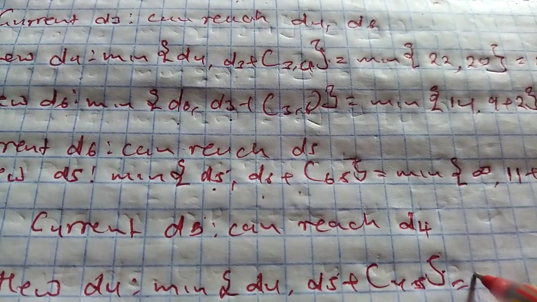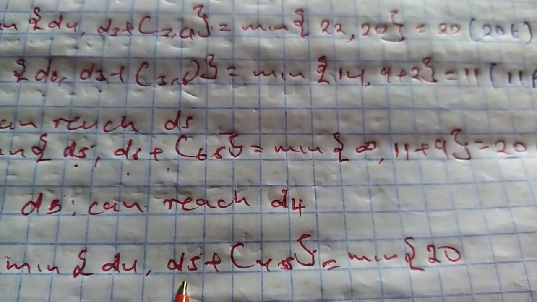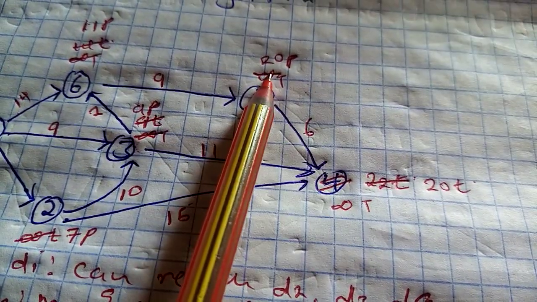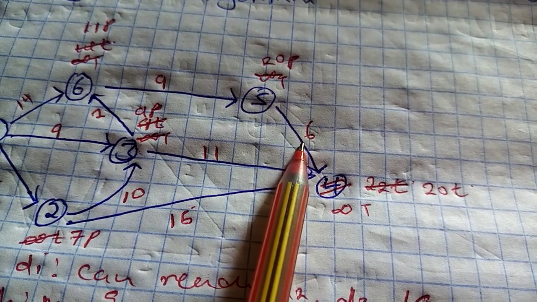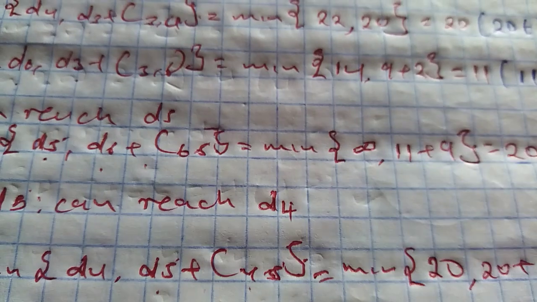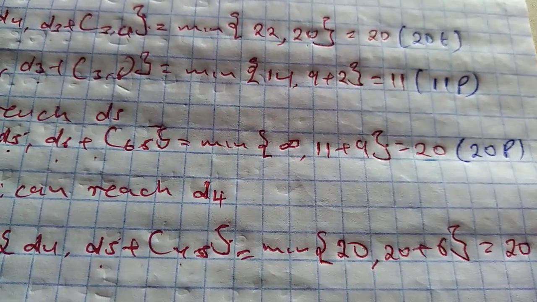So which is the minimum between, what's our d4? Go to d4, it is 20. Minimum between 20 and d5 plus the weight. Go to d5, d5 is here 20 plus the weight, which is 6. 20 plus 6 is 26, so this gives us the minimum to be 20.